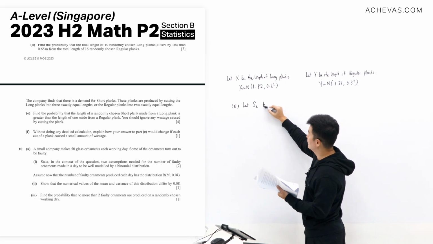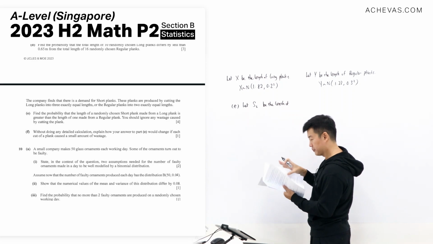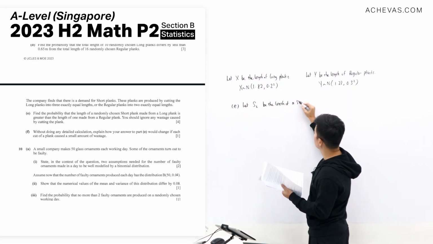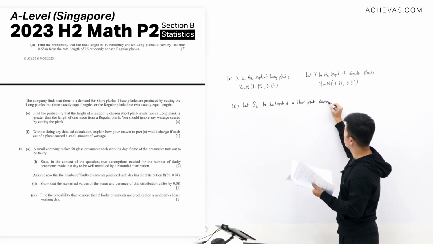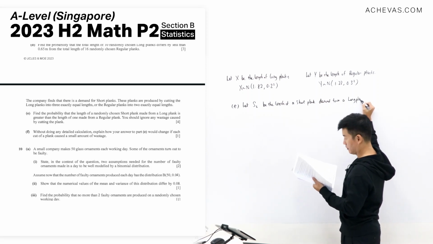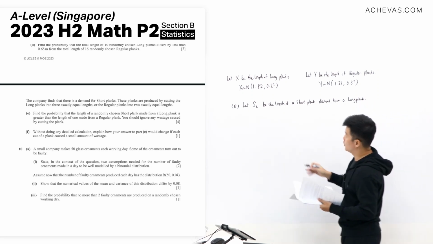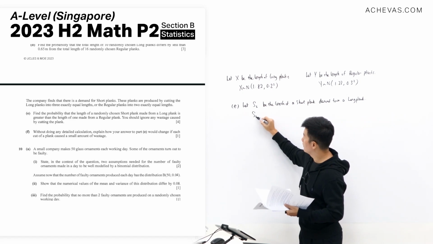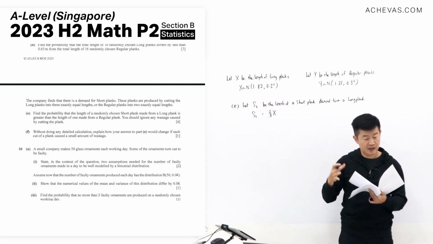So I'll let SL be the length of a short plank that is derived from a long plank. This SL is going to be equal to 1 over 3 times x, because x is going to be divided by 3.